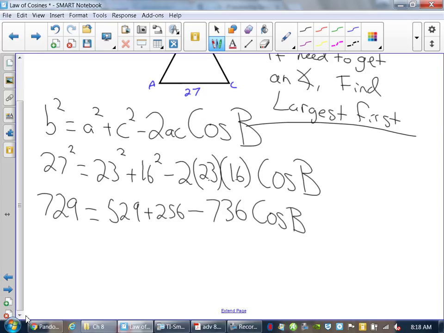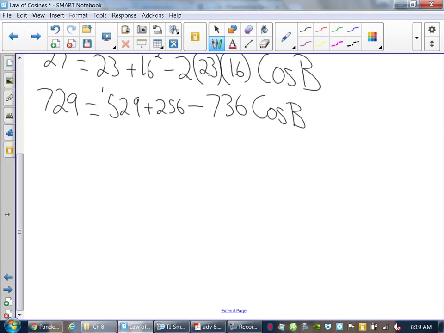I add them together. So what's 6 plus 3? Okay, so here, what am I going to add together? Add these two together. I'm doing the same thing as I would do here. What is it? 785?